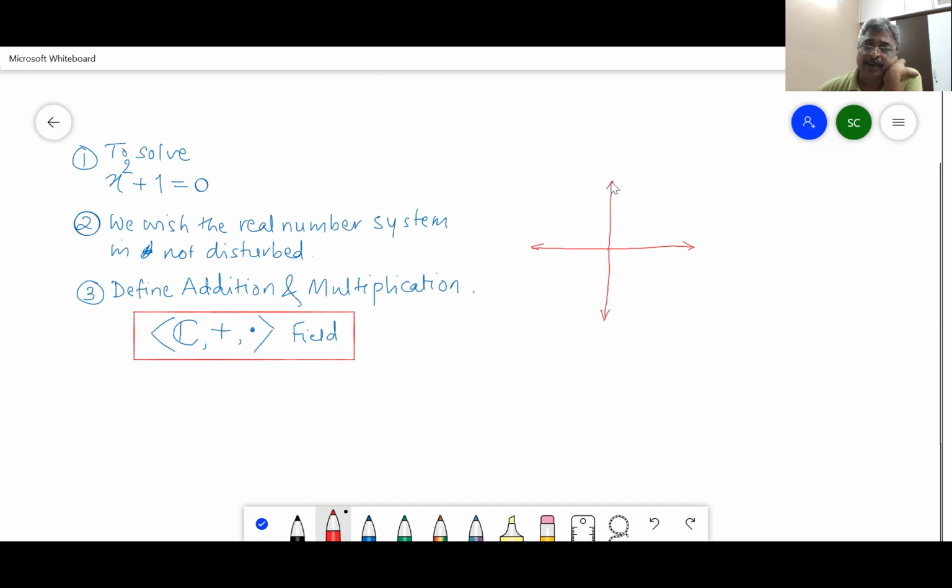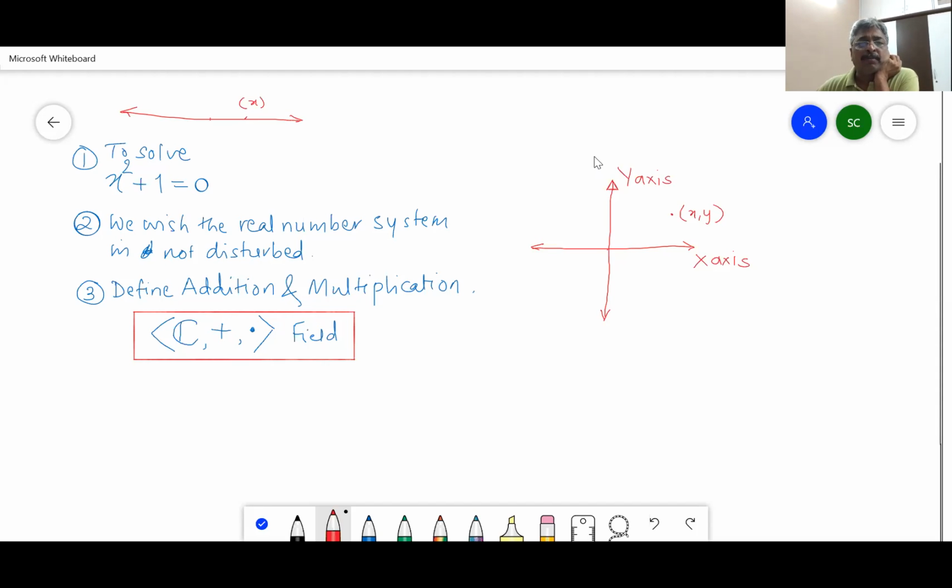And the moment you get into the plane, there are two axes and every point in the XY plane is written as an ordered pair x comma y. Okay, when it was the real number system, it was a straight line and every point was given by only one number, not ordered.